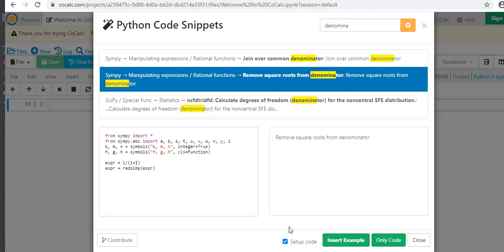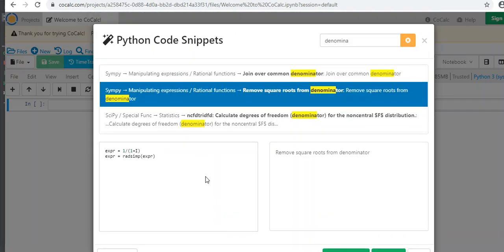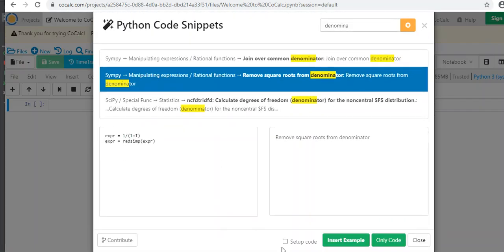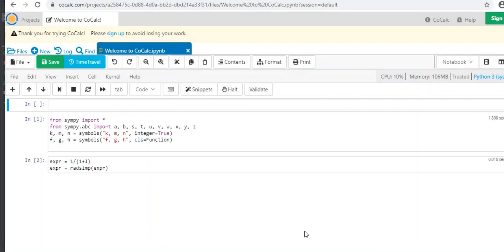So let's do it. If you've already imported everything from SymPy, because say you've been doing a lot of stuff in SymPy and you've already written all this pre-code, you can click the setup code to not include that and just include the rationalizing the denominator part. But we do want that, so we're going to click setup code, and then we're going to insert the code, and here it is.